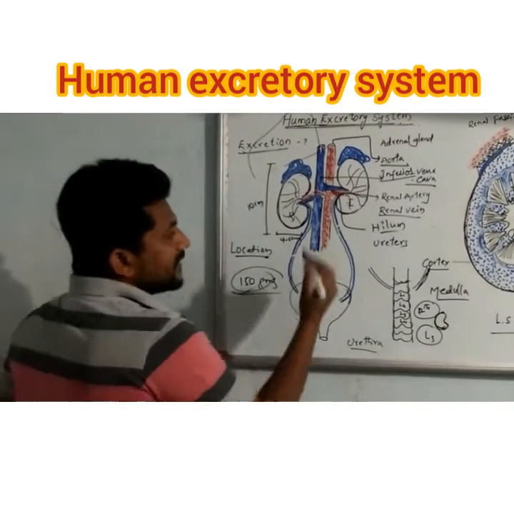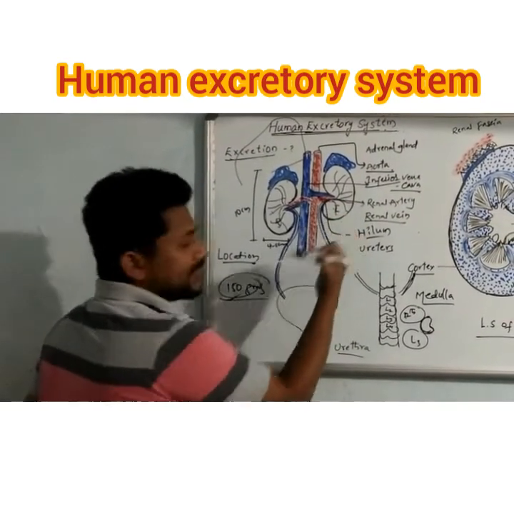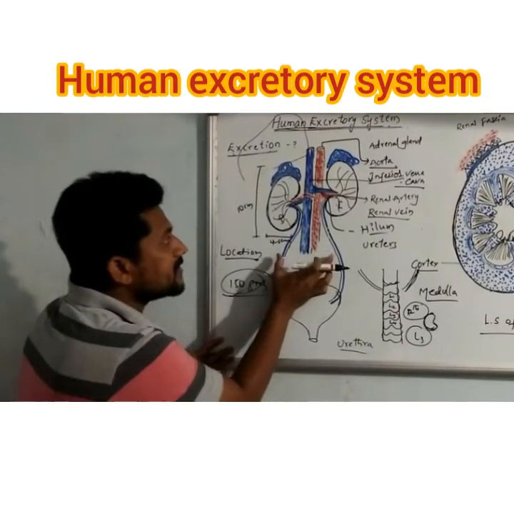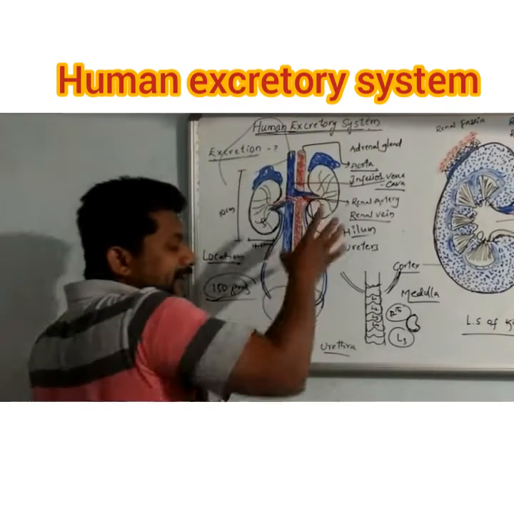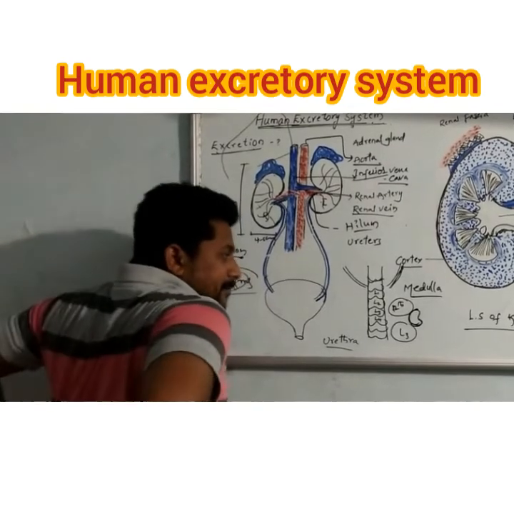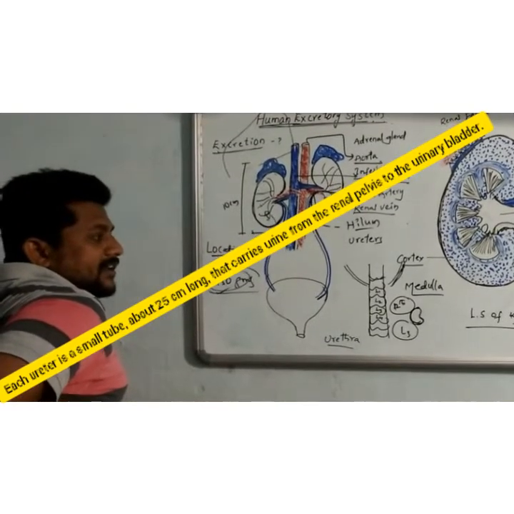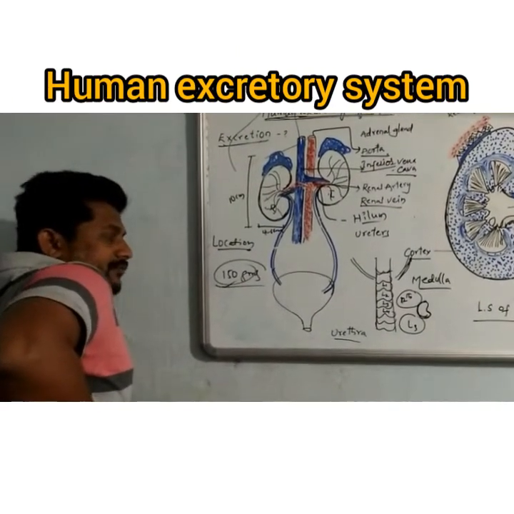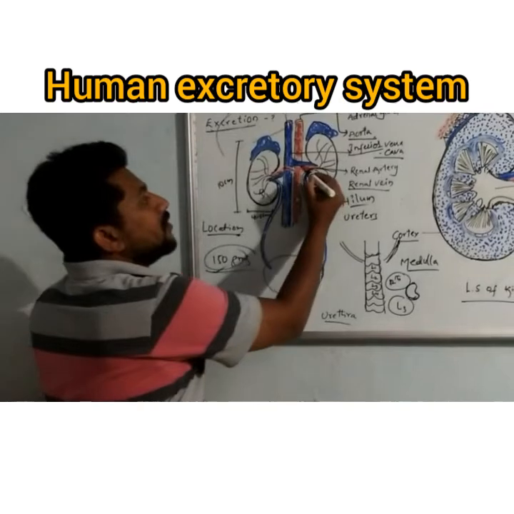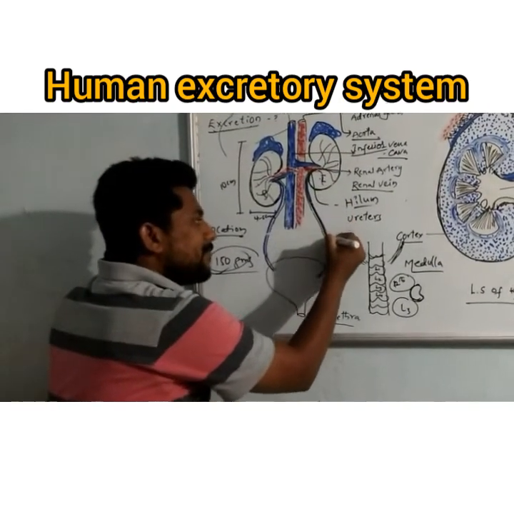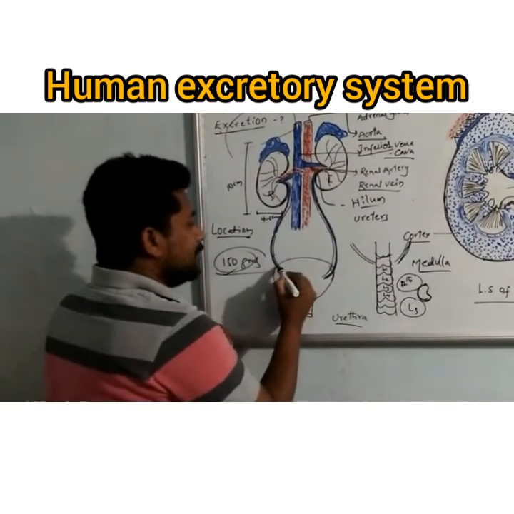Let's see the next part in the excretory system, that is the ureters. The two ureters emerge from the hilus, where our kidneys are located at the back, and run down to the pelvic region. Angularly, they open into the bladder.